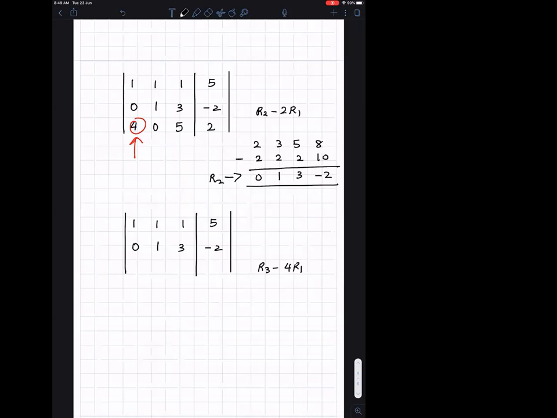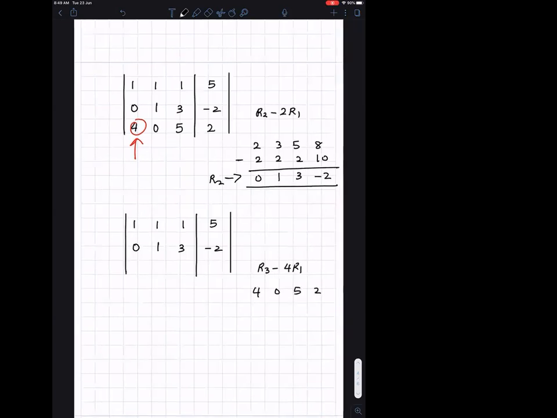Row 3 is 4, 0, 5, 2. 4 times row 1 is 4, 4, 4, 20. Subtract them: 0, minus 4, 1, minus 18. So go ahead and enter this here, 0, minus 4, 1, minus 18. This change is for this row.